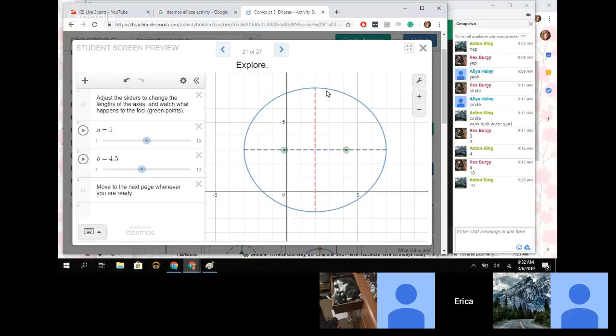So the bigger the minor axis, the co-vertex, gets, the closer the focus points go in. So as you increase your major axis, the focus points go out. As you increase your minor axis, the focus points go in. What happens if you make your vertex and co-vertex the same?